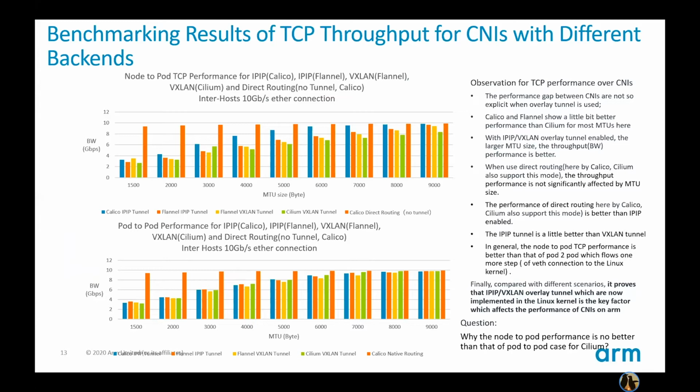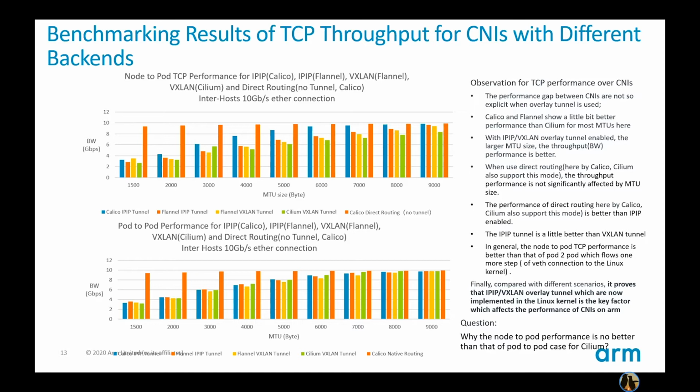Here, the first one we would like to give is the node-to-pod TCP performance, and I would like to list the several test cases. The first one is the IPIP overlay solution from Calico, and the IPIP solution from Flannel, and the VXLAN solution from the VXLAN backend of Flannel, and the VXLAN-based solution for Cilium.